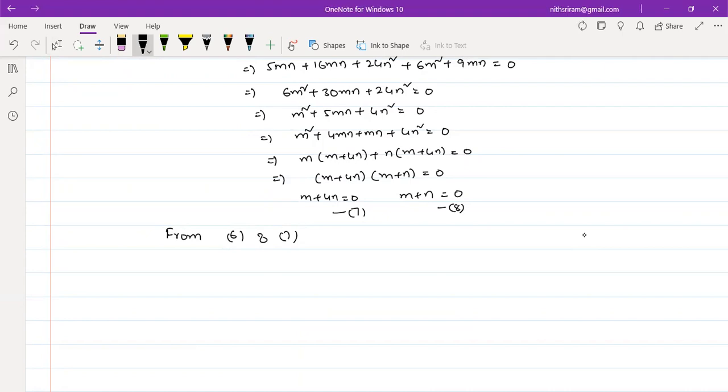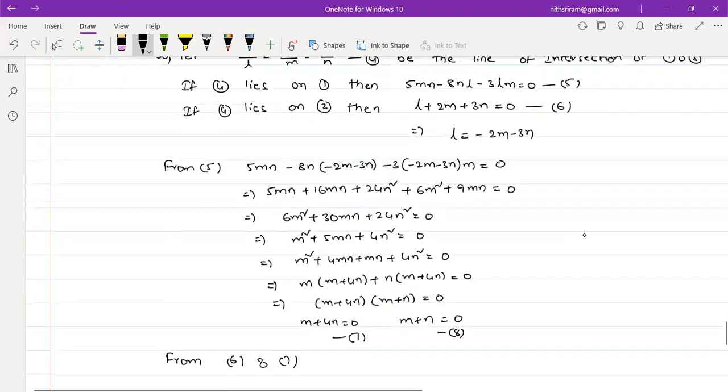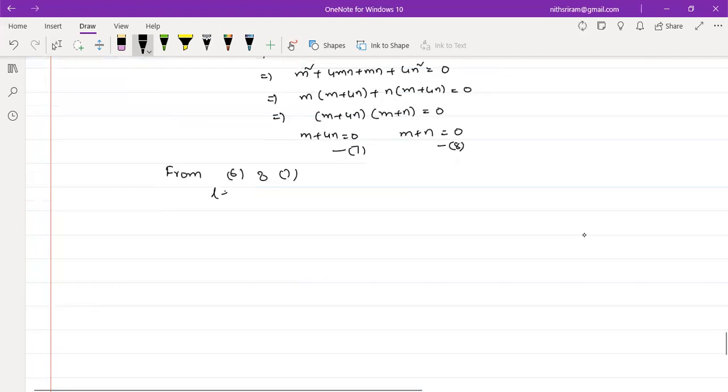So now I am going to solve the 6 and 7 equations. Once again, I am writing those equations. The sixth equation is L plus 2m plus 3n is equal to 0, and the seventh equation is 0L plus m plus 4n is equal to 0. I am solving these two equations by using the cross multiplication method.